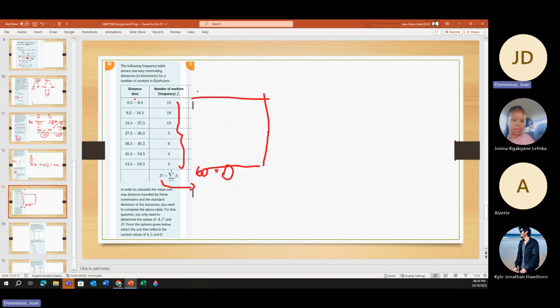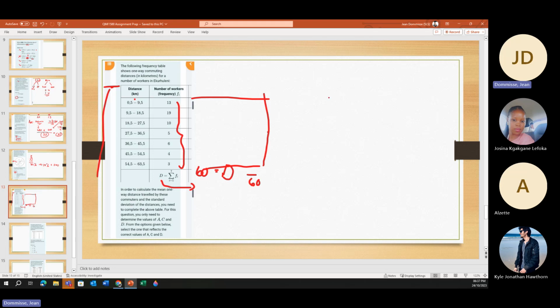So I don't know if on the table there was a midpoint, else you need to complete a midpoint. We then multiply the midpoint with that number, and then you will also divide that sum by 60 to get the mean.